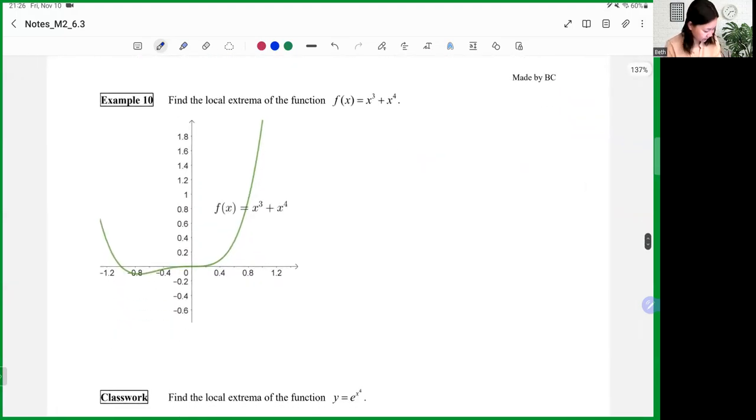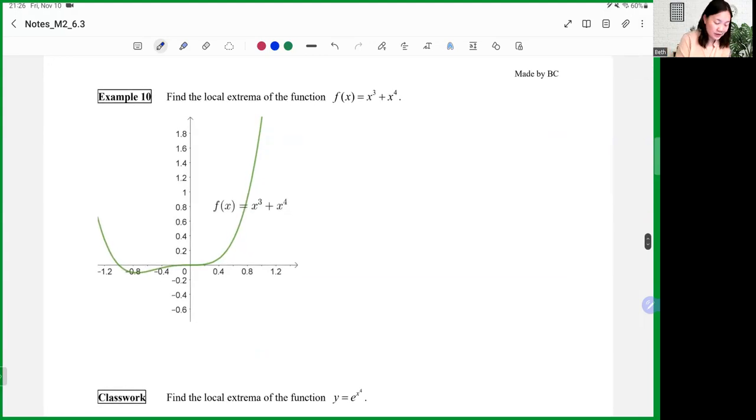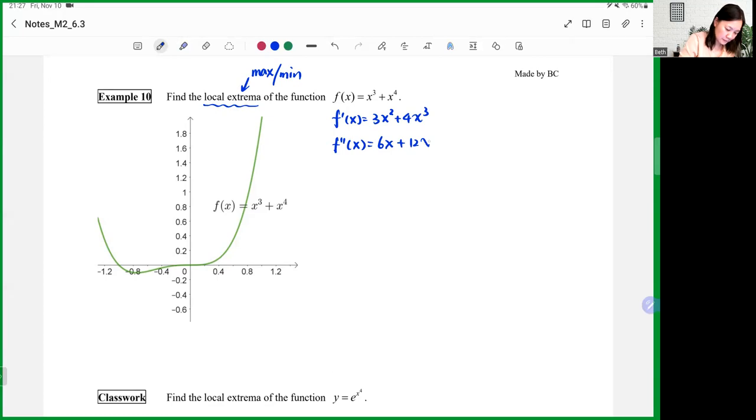Example 10. Look at this one, a polynomial. I love that. Find the local extrema, maximum or minimum. Okay, and then f prime, and then f double prime. To find the stationary points I need to solve f prime equals 0.